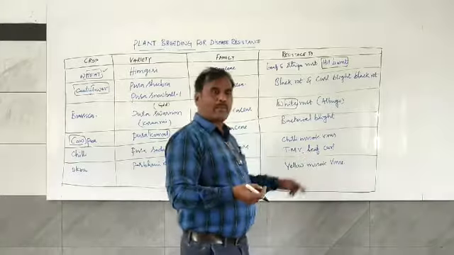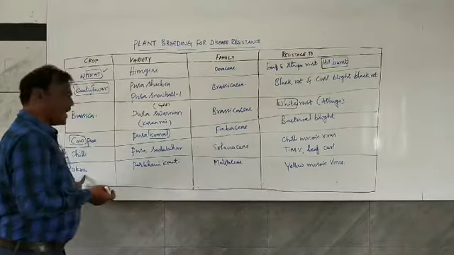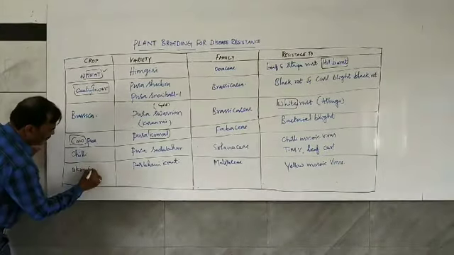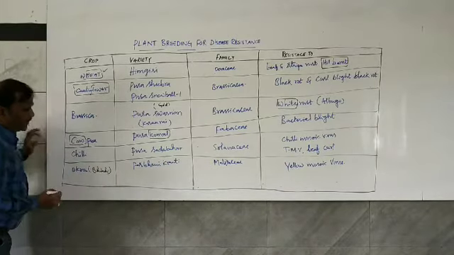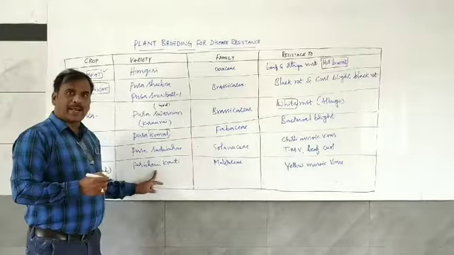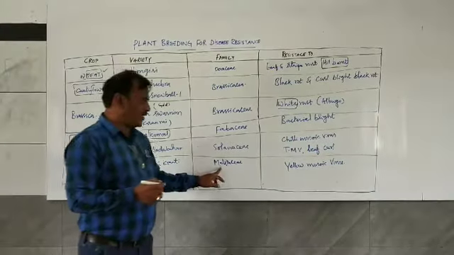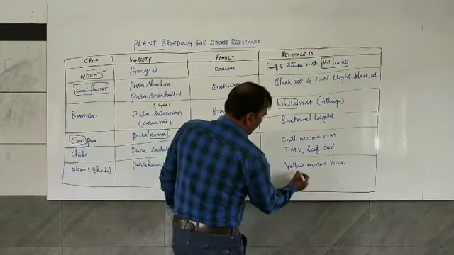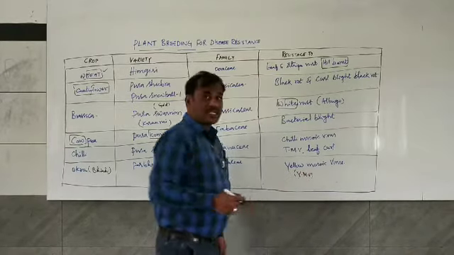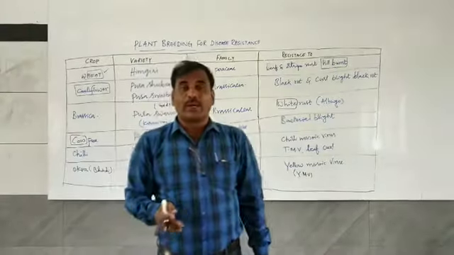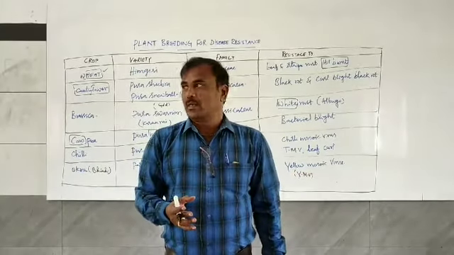In such a way we have to remember. And then okra, bhendi, lady finger: Parbhani Kranti, yellow vein mosaic. In such a way we have to remember this table easily.